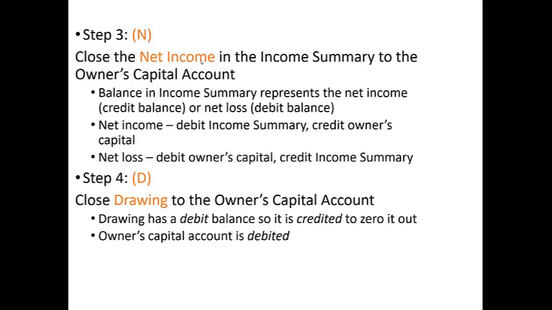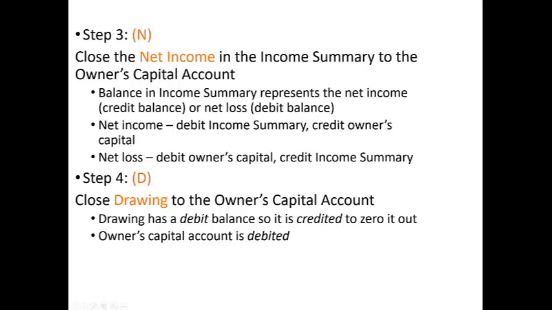And we're going to take that and close it into the capital account. And we just can't throw the balances away. If we did, our books would be out of balance. So the net amount is transferred into the capital, and remember that's either the net income or net loss, and that is used in the calculation of the ending capital.